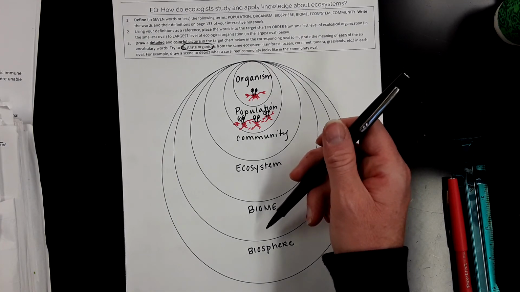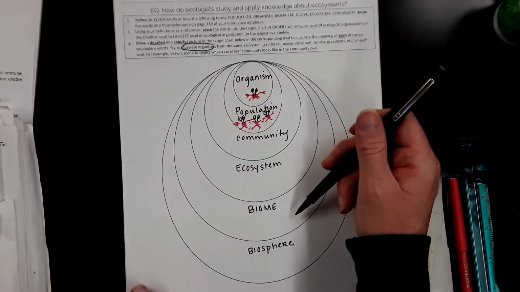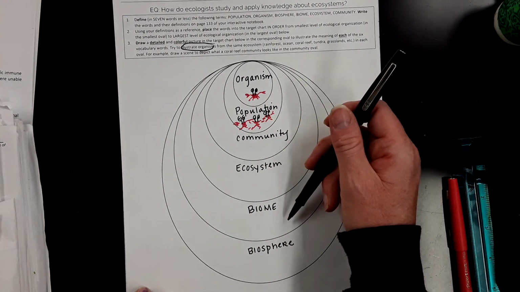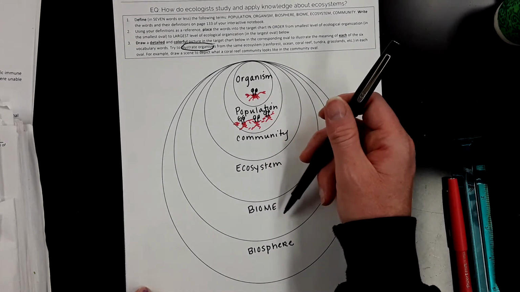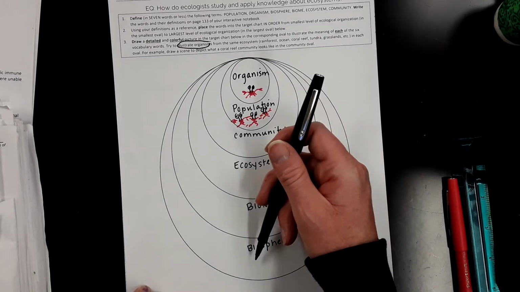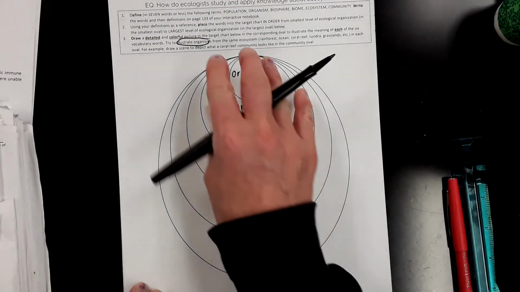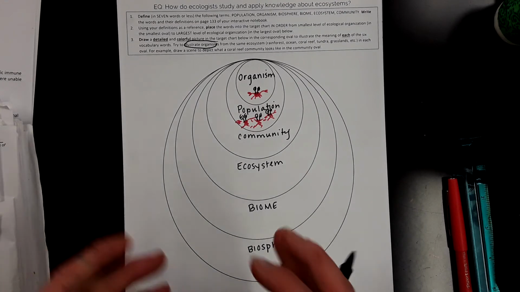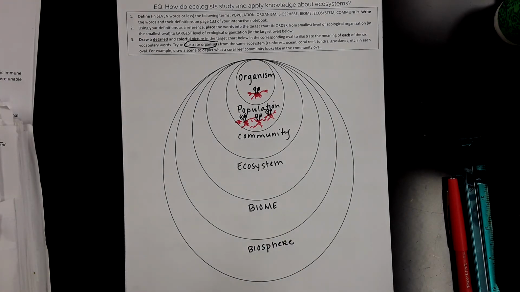Maybe they live on the beachy shoreline, so all of the beach areas, coastal tidal zones. And then the biosphere would be the earth. So you want to illustrate from bottom to top, or smallest to biggest, and that is your ecological levels of organization of study. When you are done, page 132 is what you are going to submit.